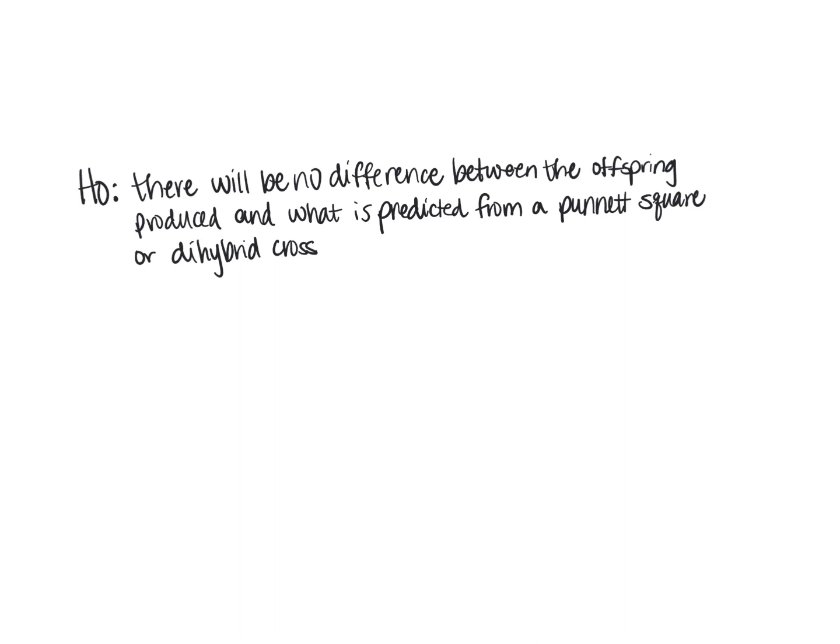In genetics, we are going to be using predictions from a Punnett square or dihybrid cross to determine the expected values. So our null hypothesis is that there will be no difference between the offspring produced and what is predicted from a Punnett square or a dihybrid cross. And when we test these predictions, we're always going to be looking at phenotypes.